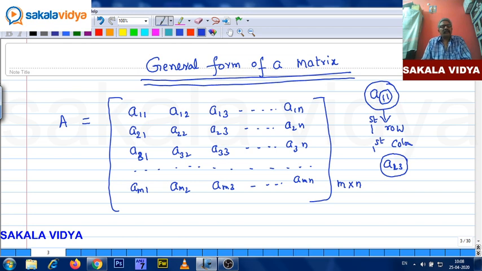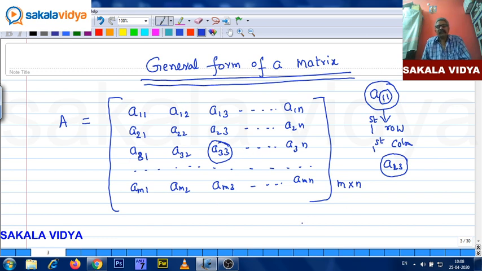Generally, rows are counted from top to bottom, 1, 2, 3, up to m rows. Columns are counted from left to right, 1, 2, 3, up to n. That means this matrix has m rows and n columns. So a33 is the element in the third row and third column.